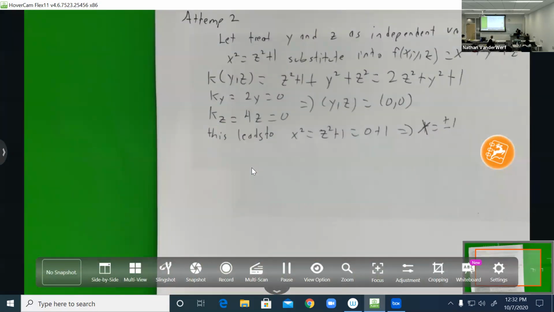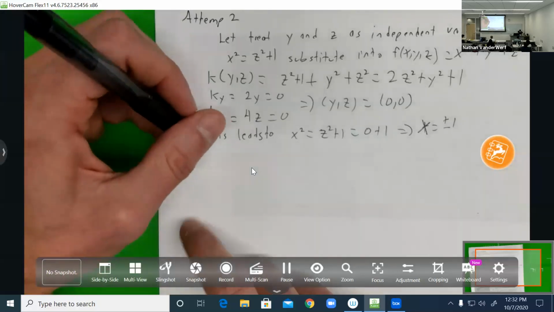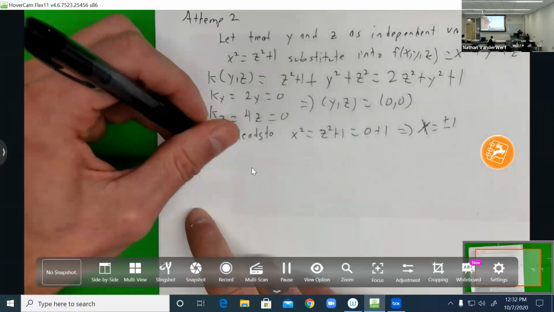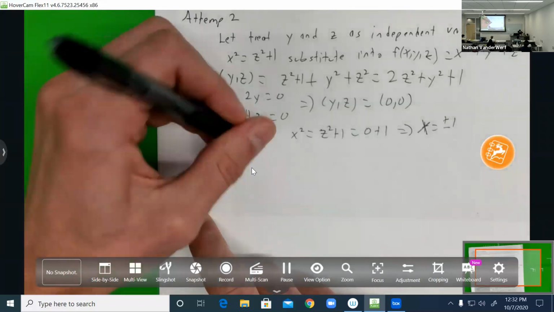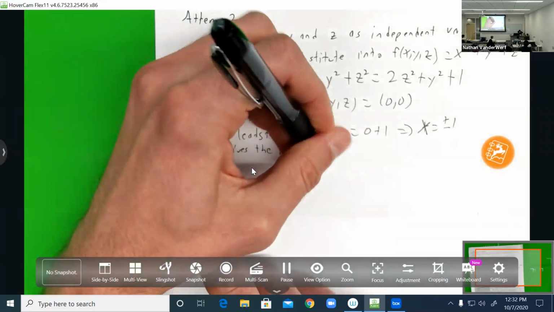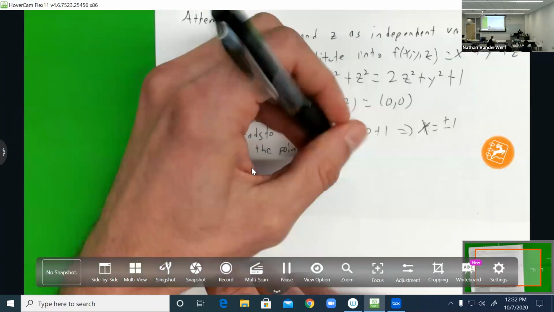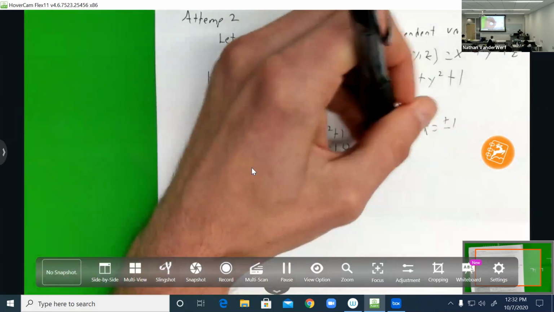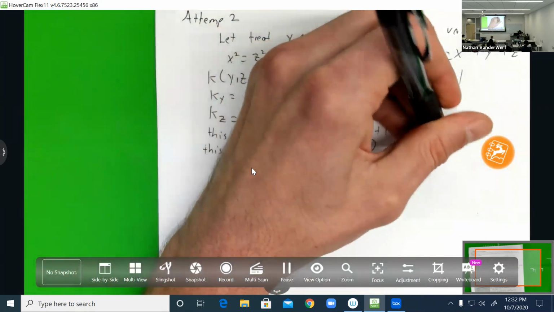So, what else do we need to do here? This gives the points plus or minus 1 for x, and then 0 for y, 0 for z on the cylinder.